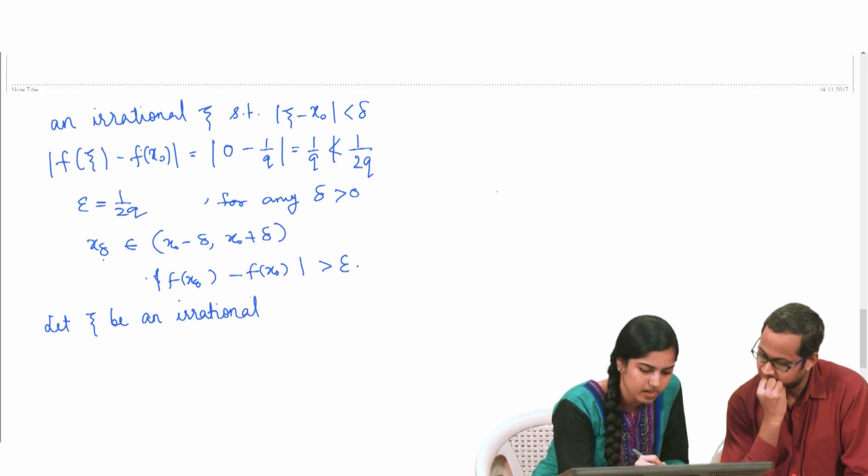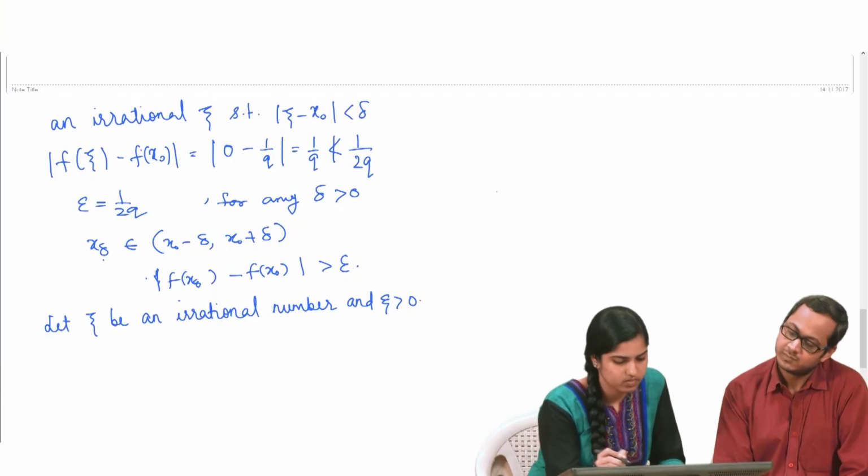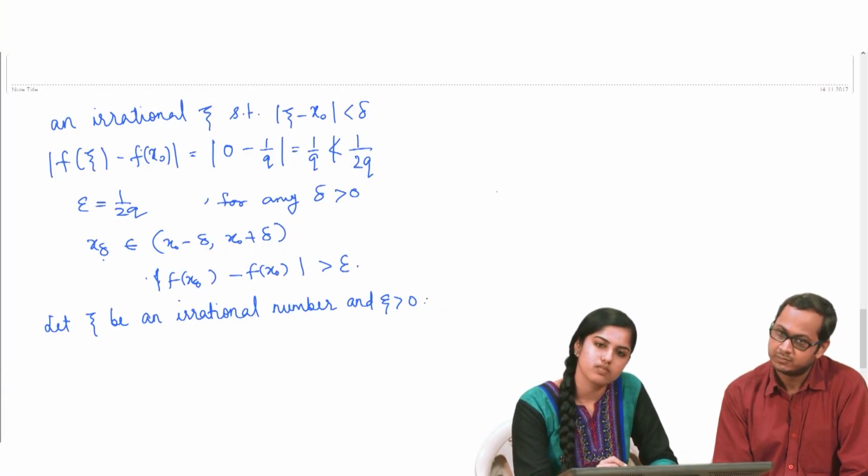Now consider a typical neighborhood of psi, and there are going to be rational numbers p by q in this neighborhood. Can you see some condition on the denominators q of such rational numbers which are in a typical neighborhood of this irrational number psi?